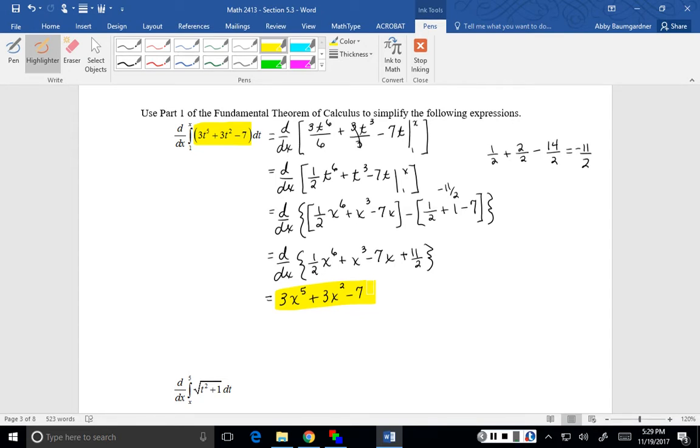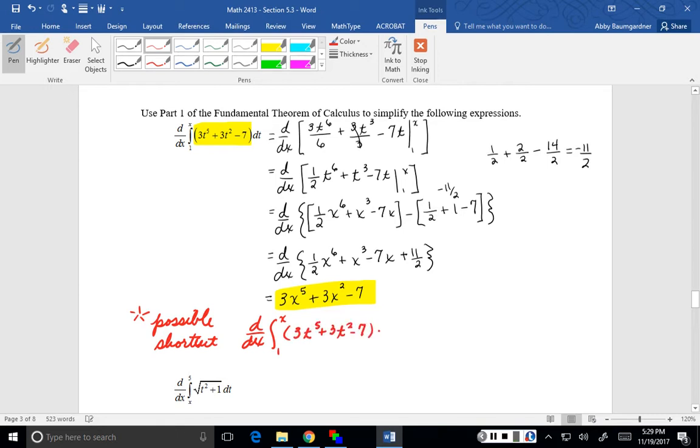So at first glance, and this is not quite right, so I'm going to put possible here. I know this thing needs tweaking, but our possible shortcut is just to start off with a problem like this, where it's asking us to find the derivative of this definite integral, and just say, well, that's super easy.